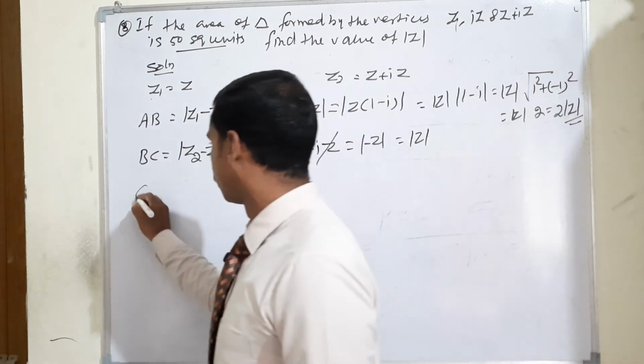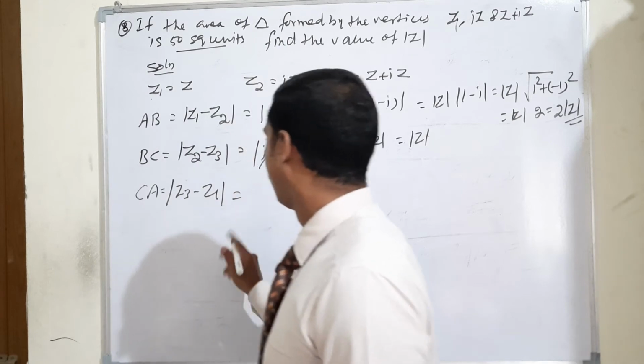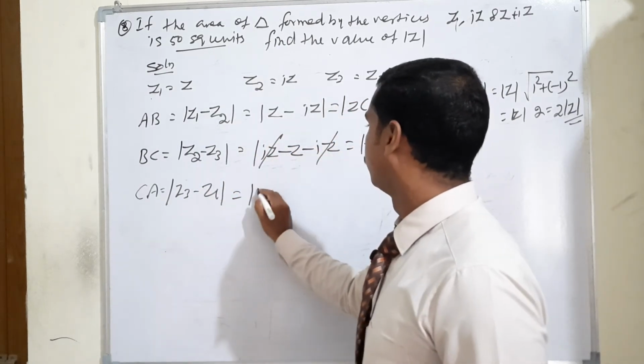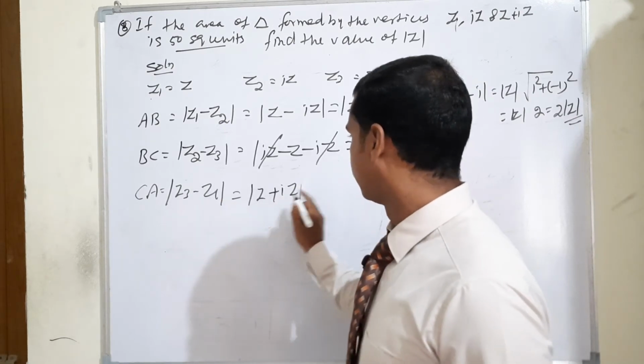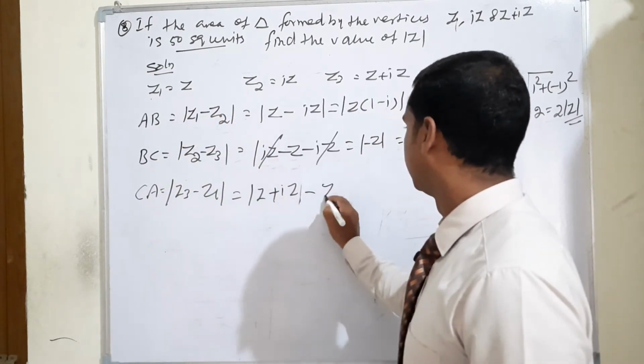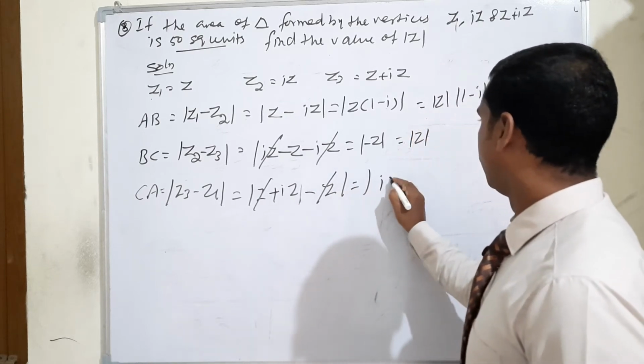Then CA also. CA means modulus of Z3 minus Z1. The Z3 value is Z plus iZ, then minus Z1, minus Z is there. Again plus Z minus Z cancel. Therefore the value will be iZ.